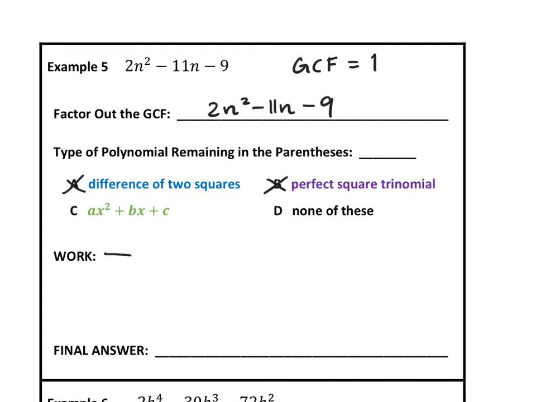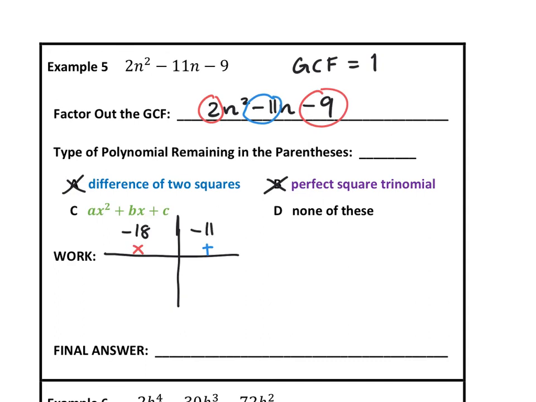Let's make this table. Actually, let me put it over here. So we have times, we have plus. And so we're going to multiply the first number times the last. 2 times negative 9 is negative 18. And then the middle number is negative 11.